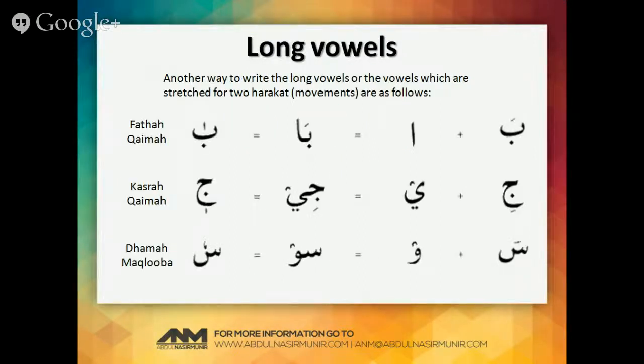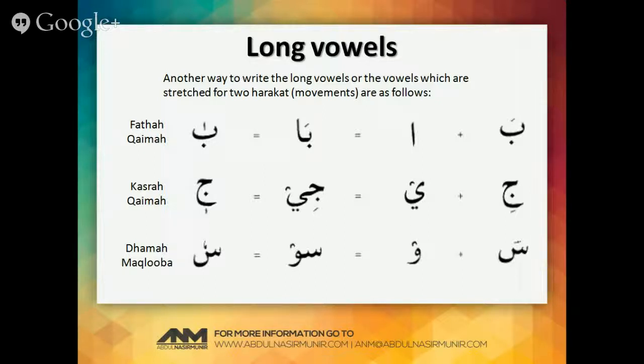And then we also said that if you look at the second column from your left, ba, alif, fatha, ba, this is equal to the most left hand side column, ba, fatha qa'ima. So they both are going to have two movements, two harakat, two stretch.